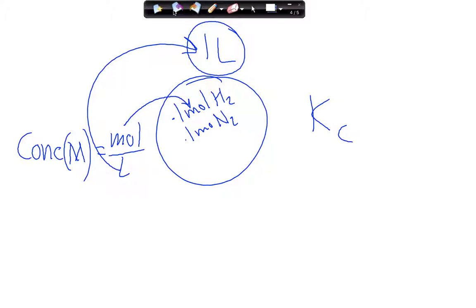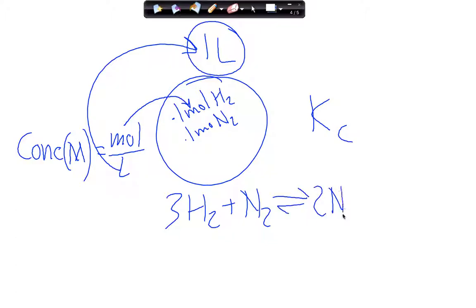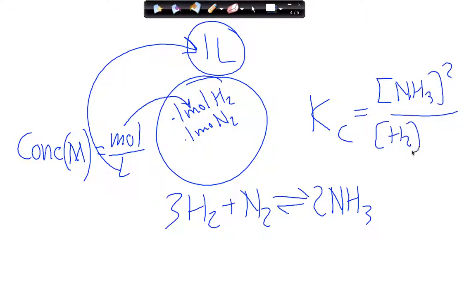Well, no. So what's going on here is, that's the balanced equation, right? So if we were to write the Kc, it would be the molarity of NH3 squared, the molarity of H2 cubed, and the molarity of N2.